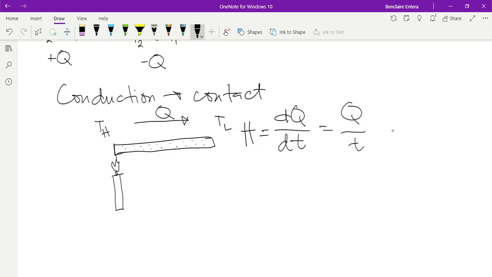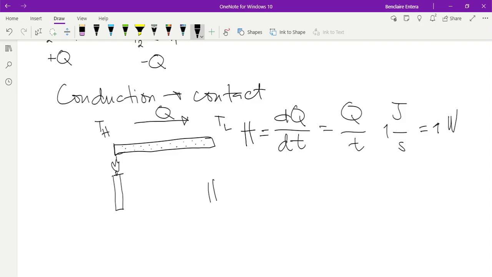That's why the unit of heat current is the same as watts, because it's a rate of flow. Heat is in joules, time is in seconds, so 1 joule per second is 1 watt, the rate of heat flow. So saan nakadepende ang rate of heat flow sa conduction?